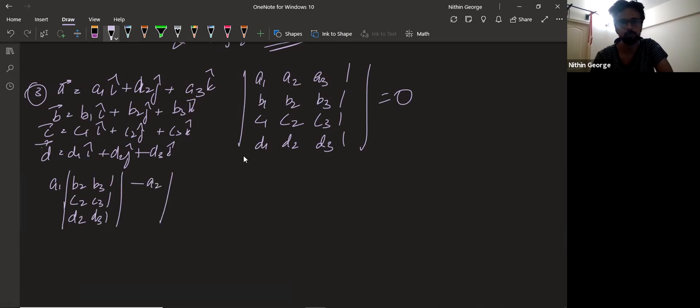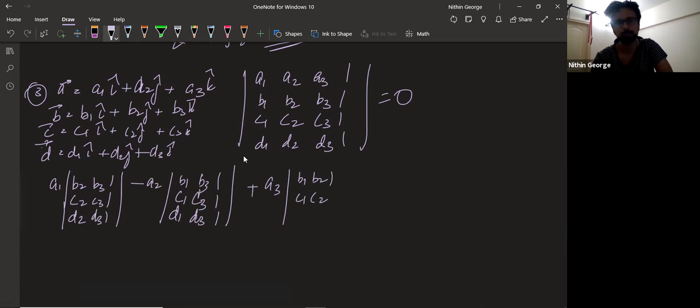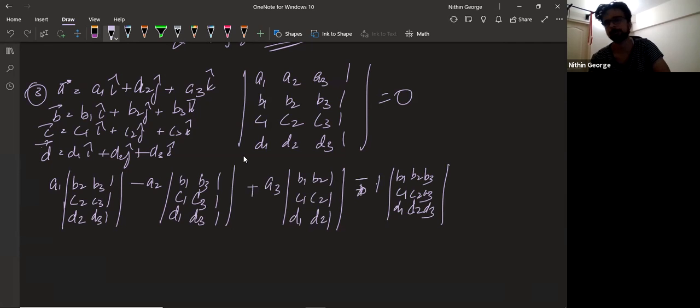Minus a2 into b1, c1, d1, b3, c3, d3, 1, 1, 1, plus a3 into b1, b2, 1, c1, c2, 1, d1, d2, 1, plus 1 into b1, b2, b3, c1, c2, c3, d1, d2, d3. So actually it's minus 1 here. Plus minus, plus minus, plus minus. You find this value and you equate it to 0.